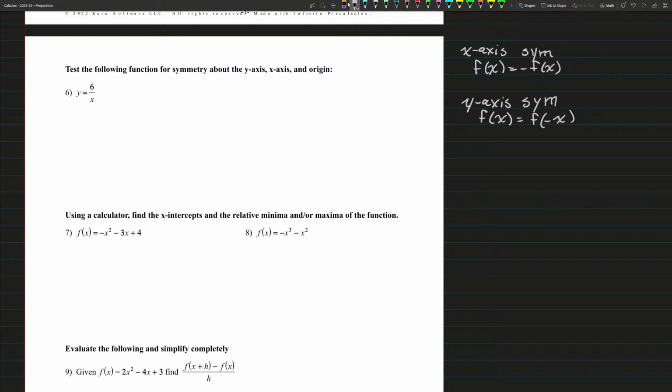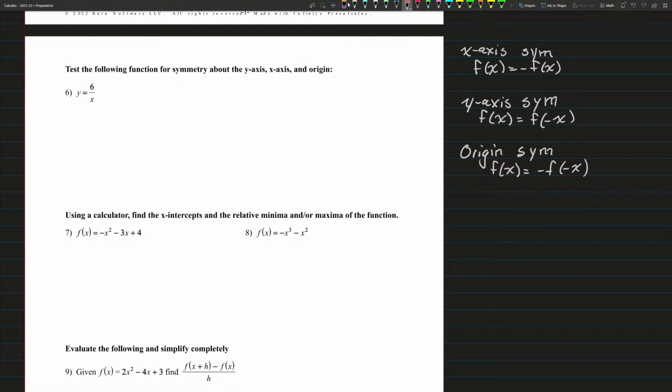And then for origin, basically both those have to be the same. But for origin, if you're just testing it specifically, we need f of x to equal negative f of negative x. Right, so that's what we're doing. We're just doing those things.